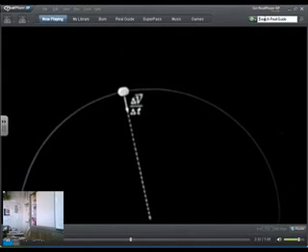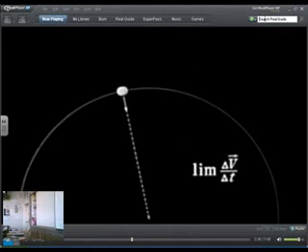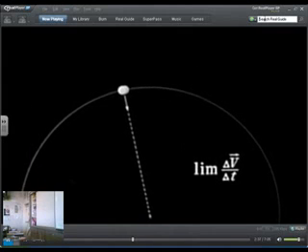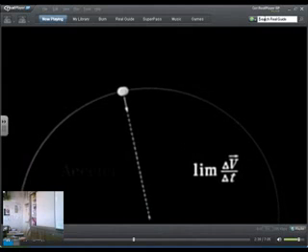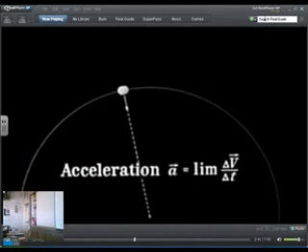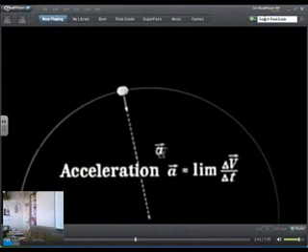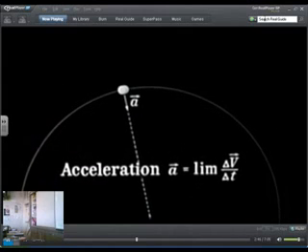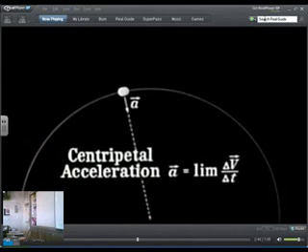The limiting value of this ratio, as both delta v and delta t approach 0, is by definition the acceleration vector a. Since vector a points toward the center, it is called the centripetal acceleration.